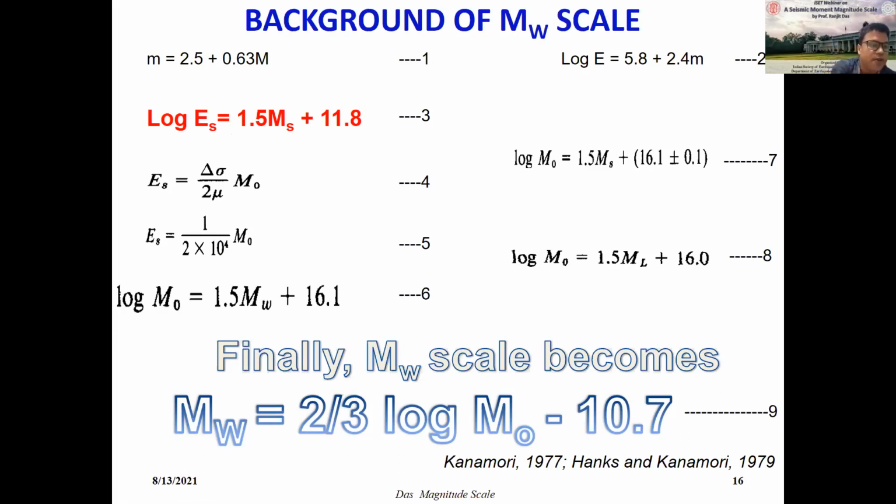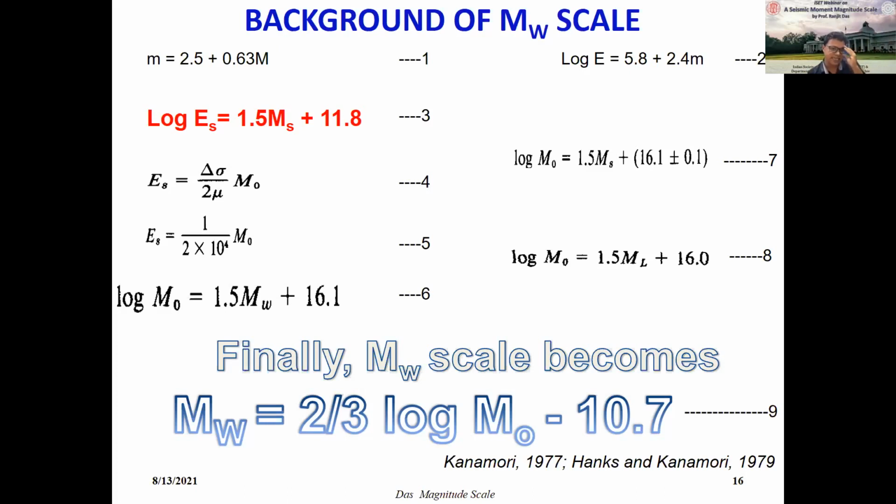So equation 5 is energy versus moment, a mechanical formulation that comes by assuming constant stress drop and shear modulus. So he considered the shear modulus a constant value, also the stress drop a constant value. Then he found another constant value and put this value into this.